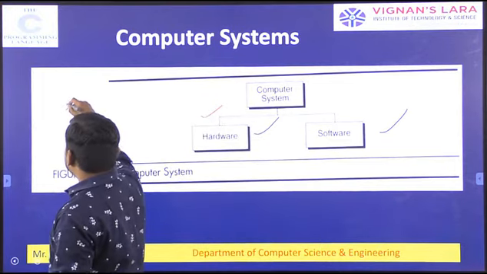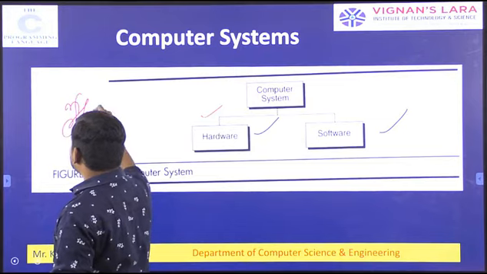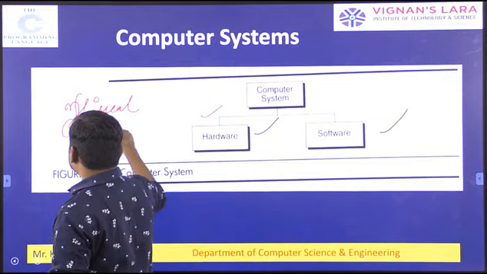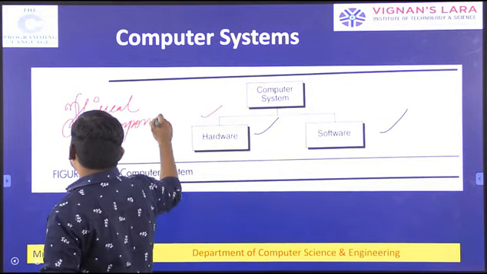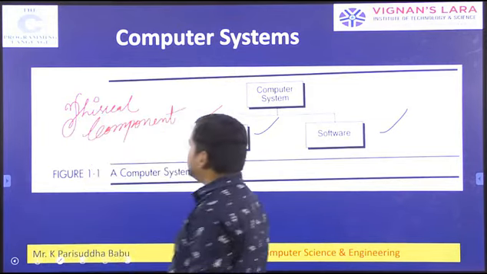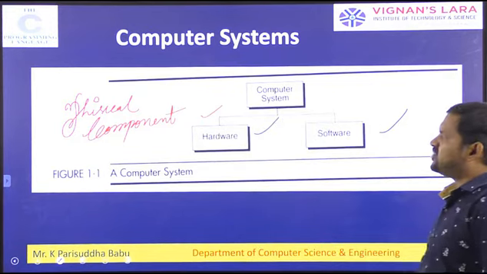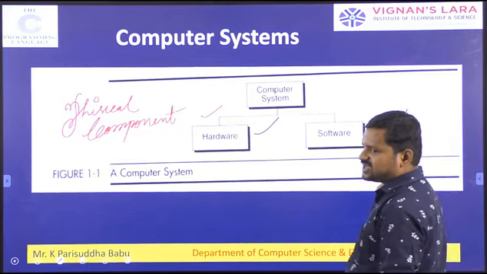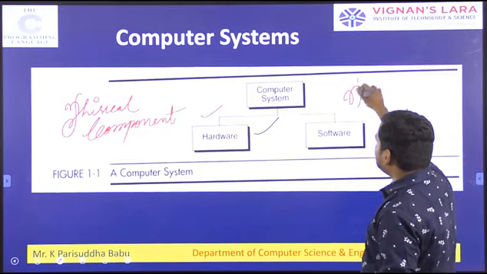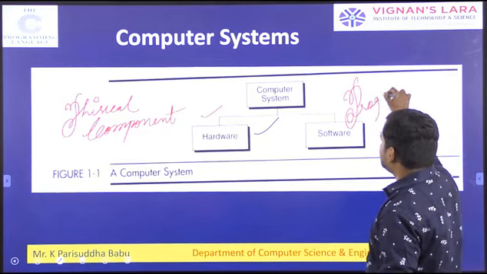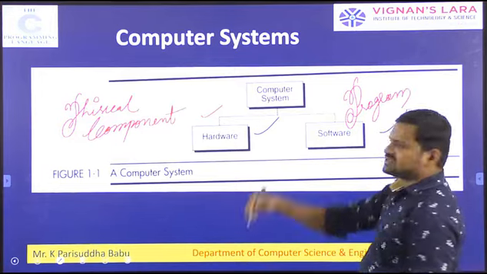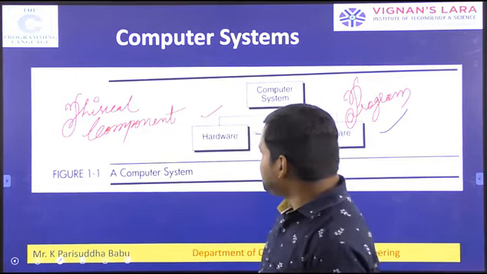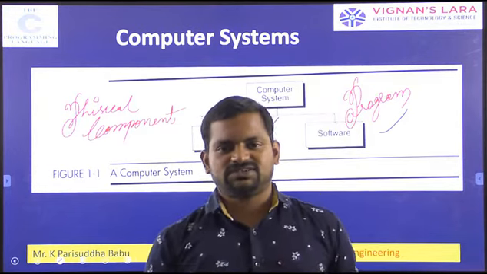Hardware is the physical components of a computer system, whereas software is a program.